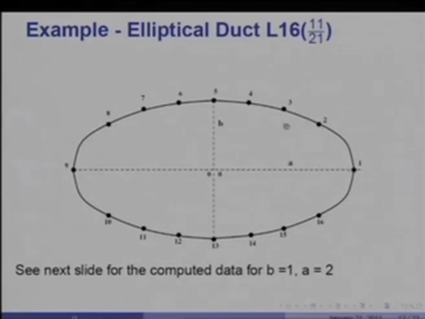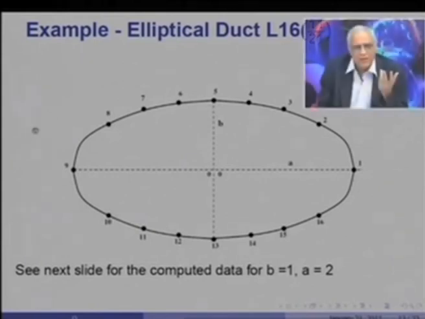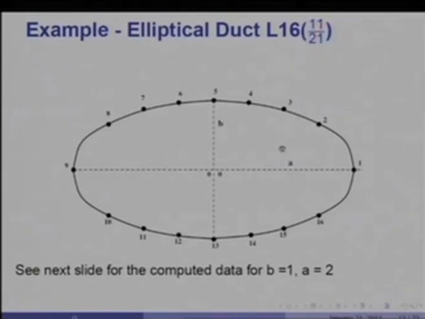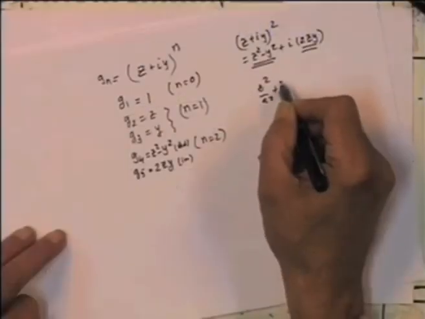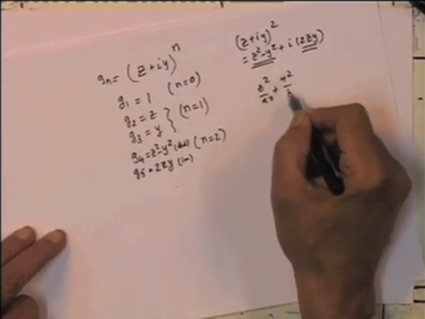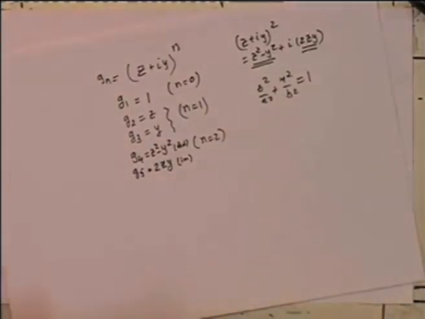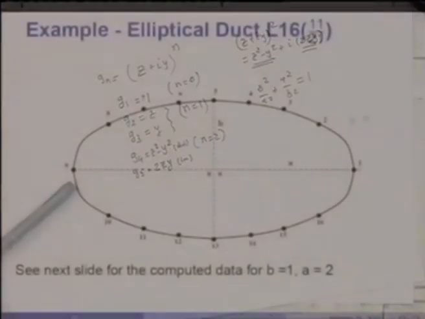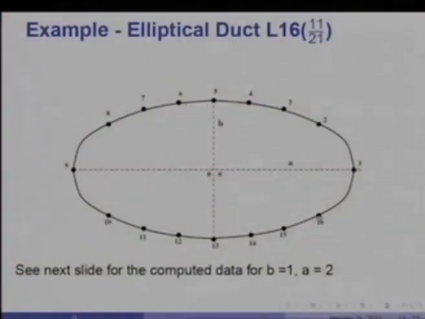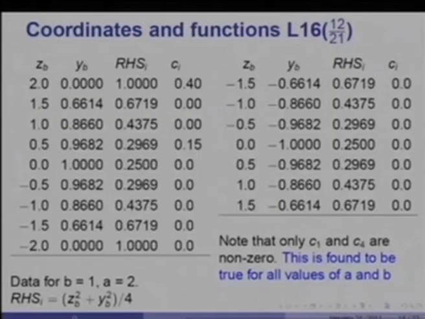So, I have essentially taken 16 points. I know the coordinates of 16 points because the equation of an ellipse is simply z square by a square plus y square by b squared equal to 1. That is the equation of an ellipse. So, if I choose the values of z, then I know the values of y b for each of these points.